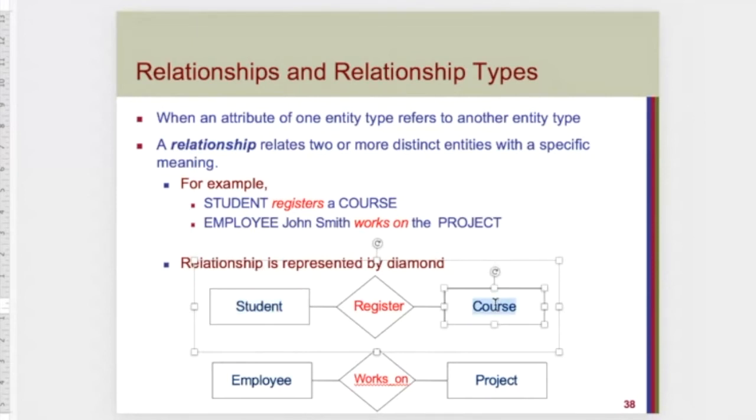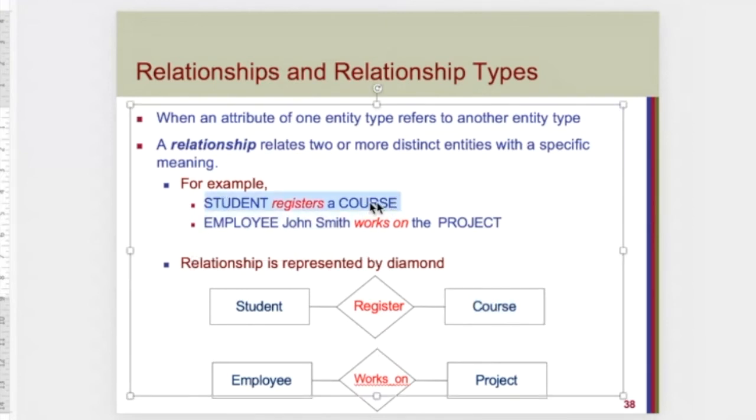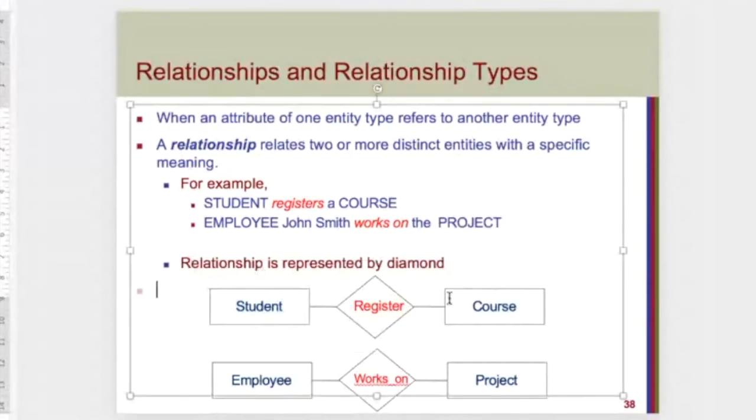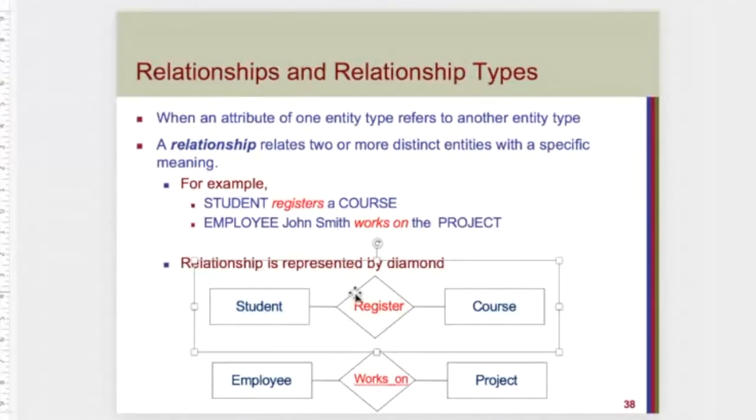A student registers a course. So the relationship name is registers. In our diagram, we connect entity student with entity course through this shape, which is called a diamond. So the diamond represents the relationship between the two entities, student and course.